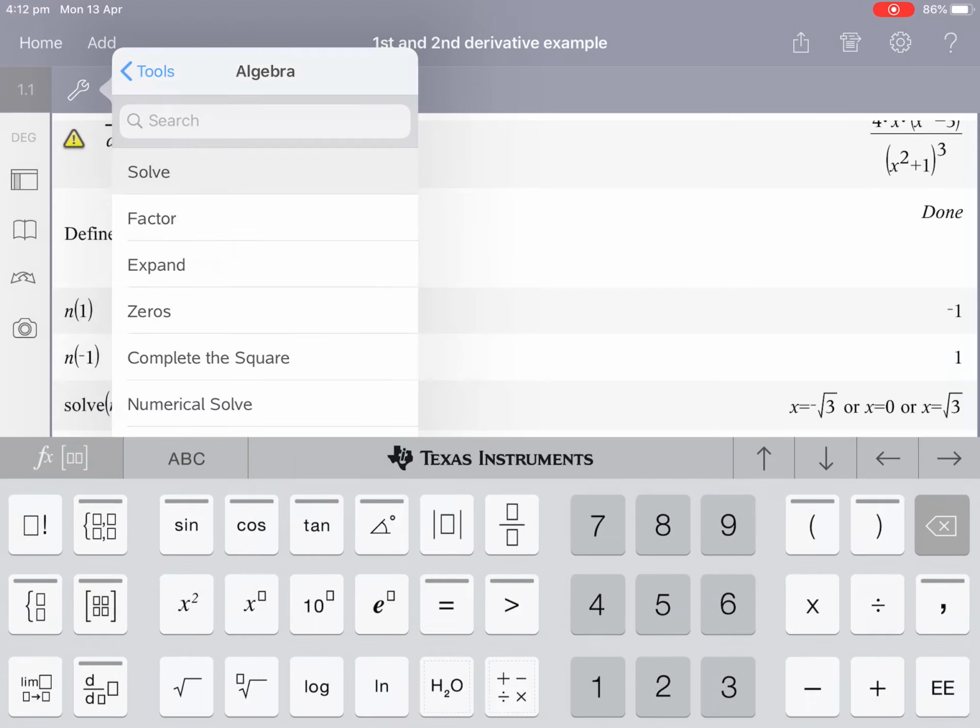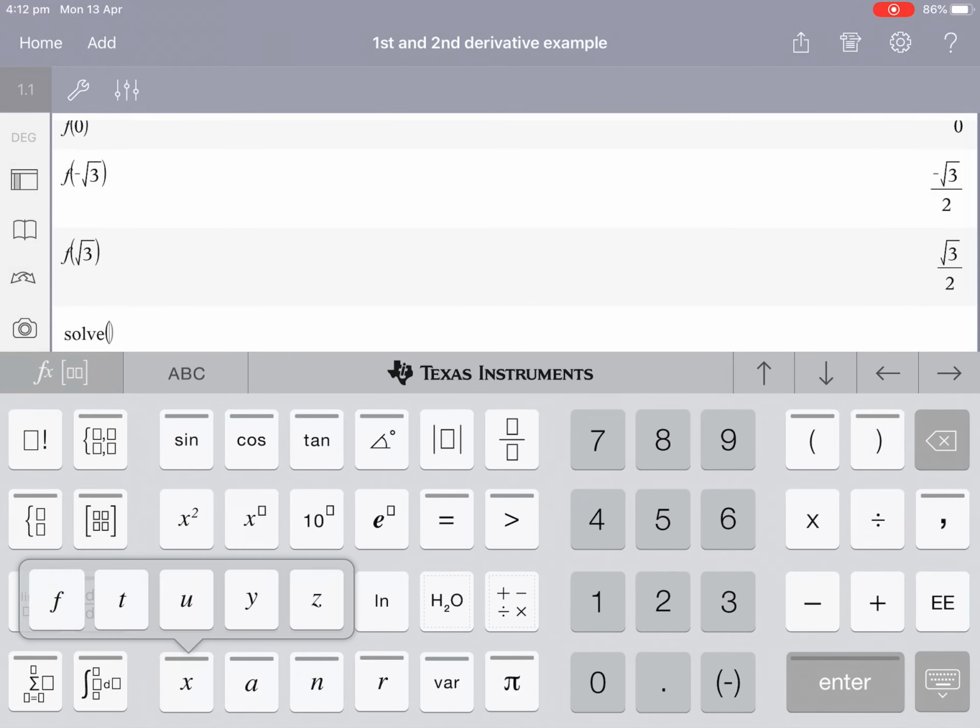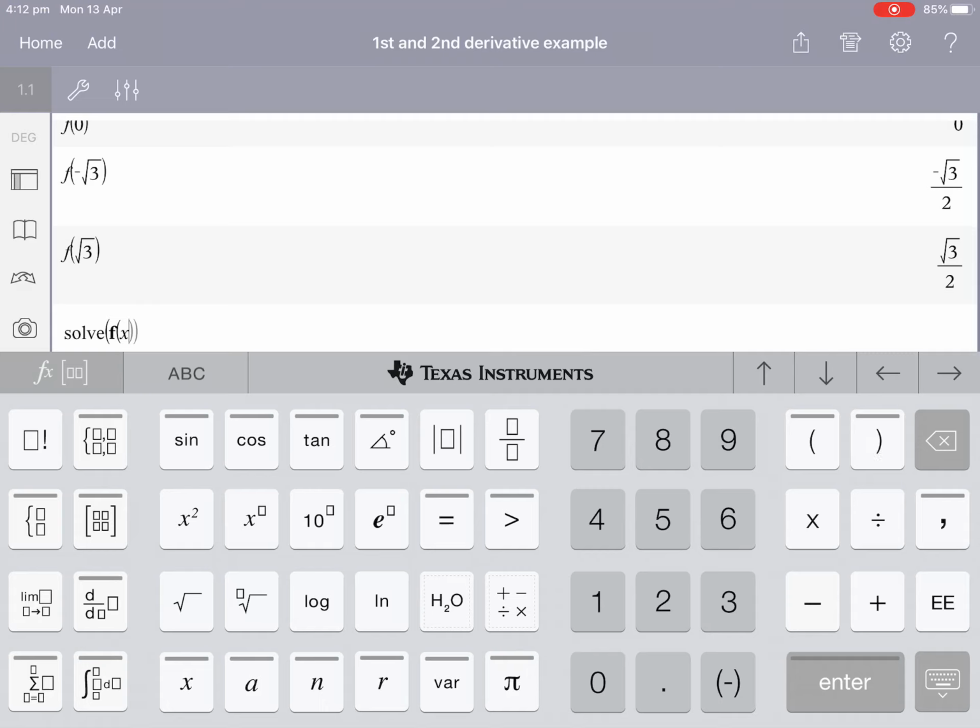So again, using the calculator, I can solve my function f of x equal to 0. Find out what x is. Hit enter. We get only one answer. So we can't have any other x-axis intercept. So that's one way I know I can't cross that x-axis intercept.